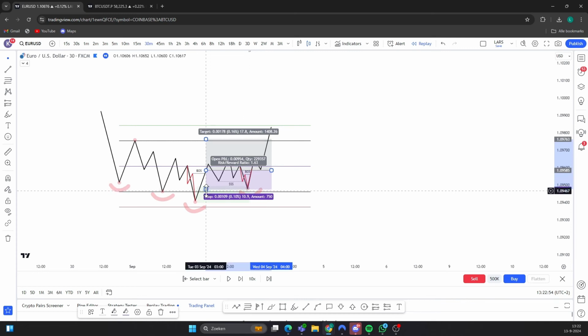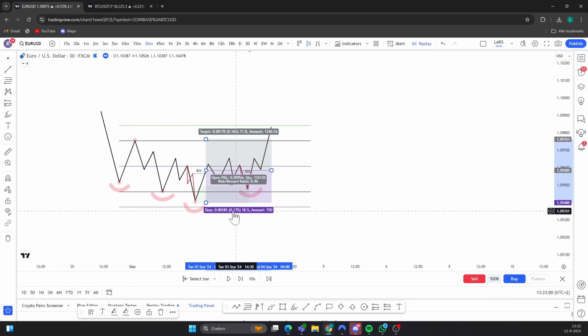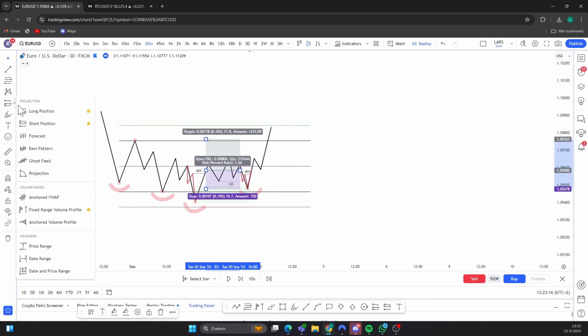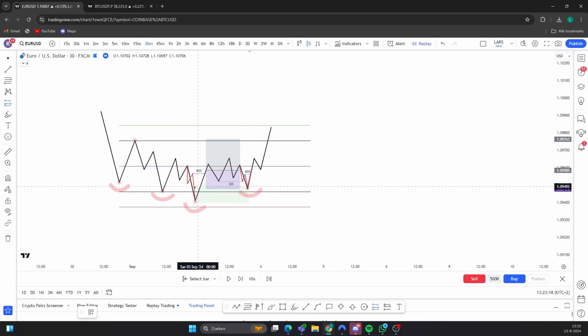And since this has become our new Wyckoff point, we can trail our stop loss down towards that new low. Now, right here, I'm risking 1% on a 0.17 stop loss. Now, I'm moving it down to 0.1. So if I was risking 100, now I'm only risking around 60. So what you can do is you can add that $40 risk that's gone because you trailed your stop loss.